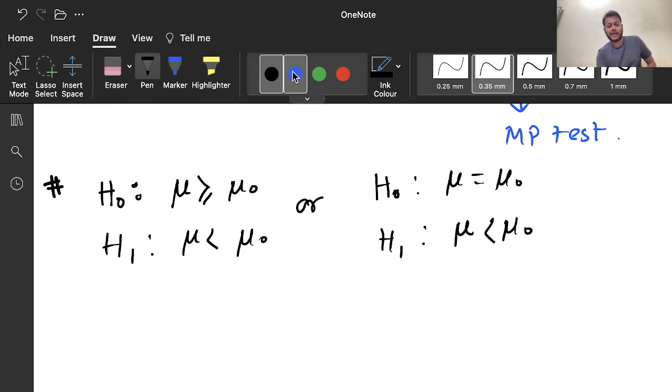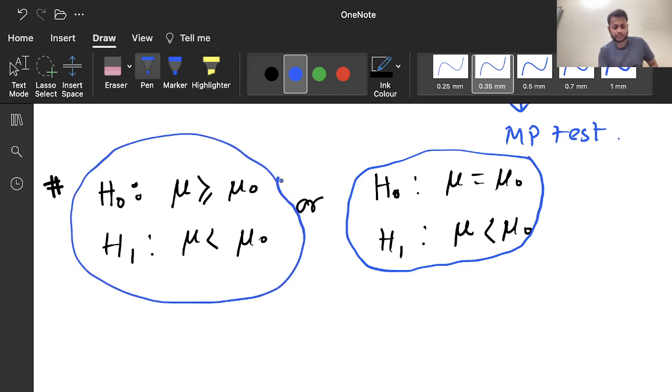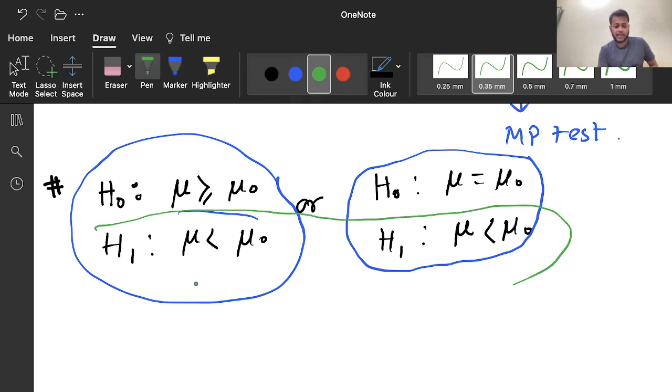So why am I writing these hypotheses? Because you see in both sets of hypotheses, the alternative hypotheses are the same. We are going to write a test for these hypotheses which depends only on this alternative hypothesis.